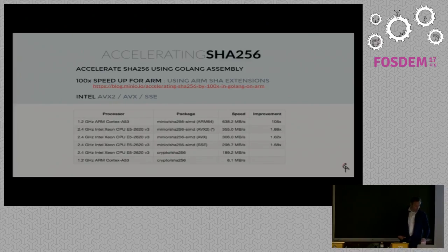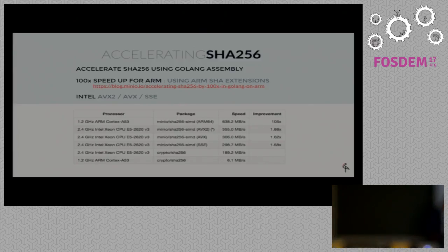But actually, in the table here at the bottom, you can sort of see the speeds that we have. And interestingly, the ARM just running at 1.2 gigahertz is actually the quickest one out there. It does about 640 megabytes per second, and then we ran some tests on an Intel Xeon at 2.4 gigahertz.